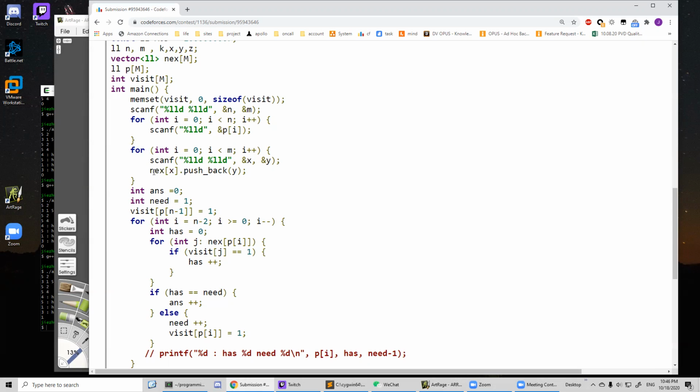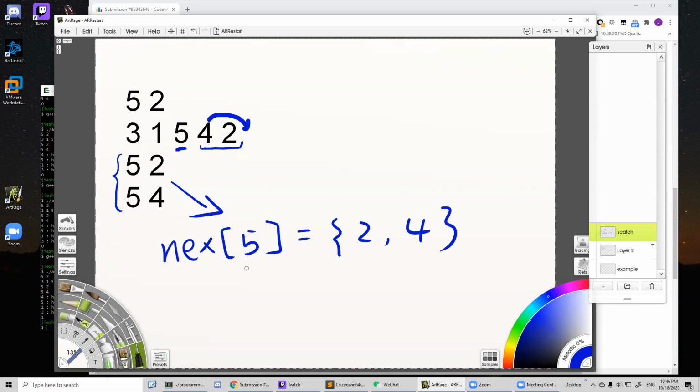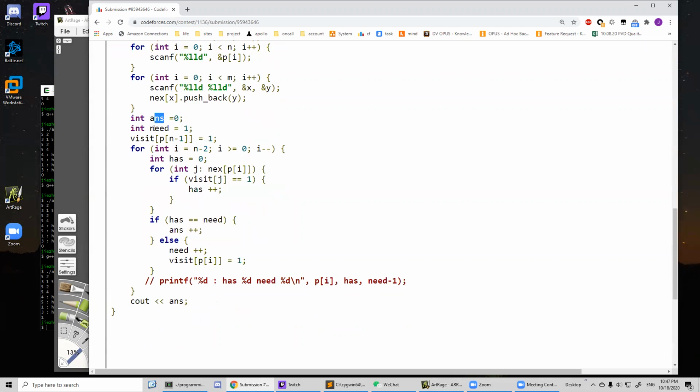Next X means that, let's say, next 5 has an array that equals 2 and 4 in this case, right? So next 5 is the pairs that started with 5 and end with these numbers. And we are going to keep the final answer in this variable.